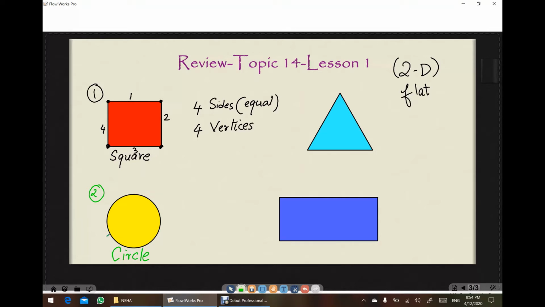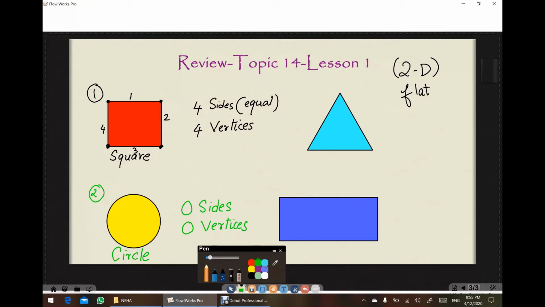Any straight side or any corner? No. So, 0 sides and 0 vertices. A circle does not have any side or any vertices.